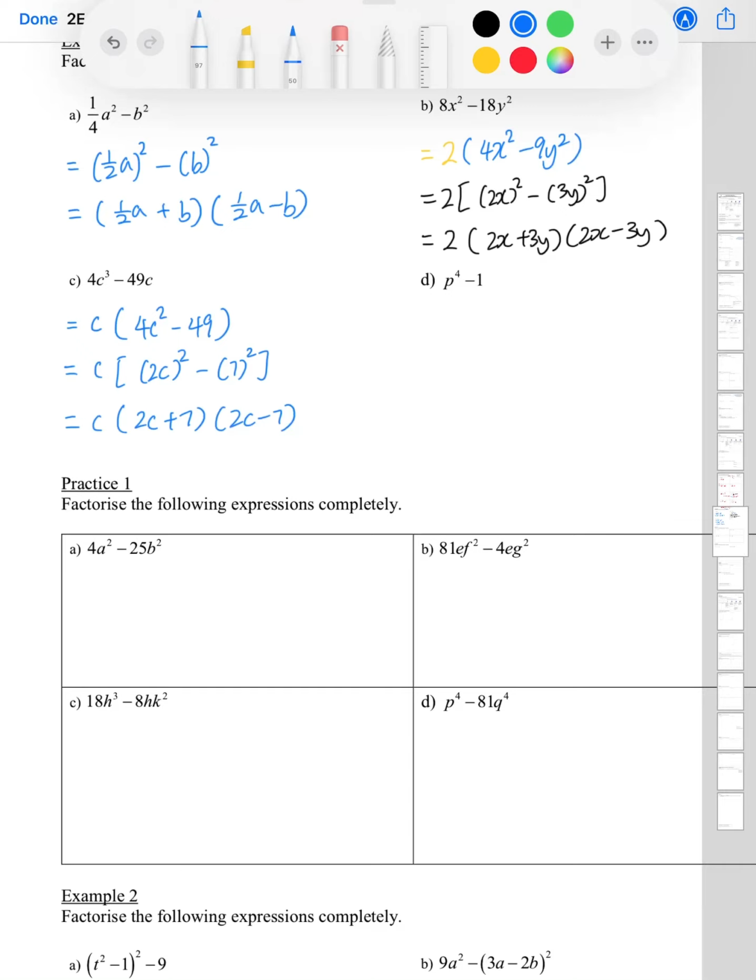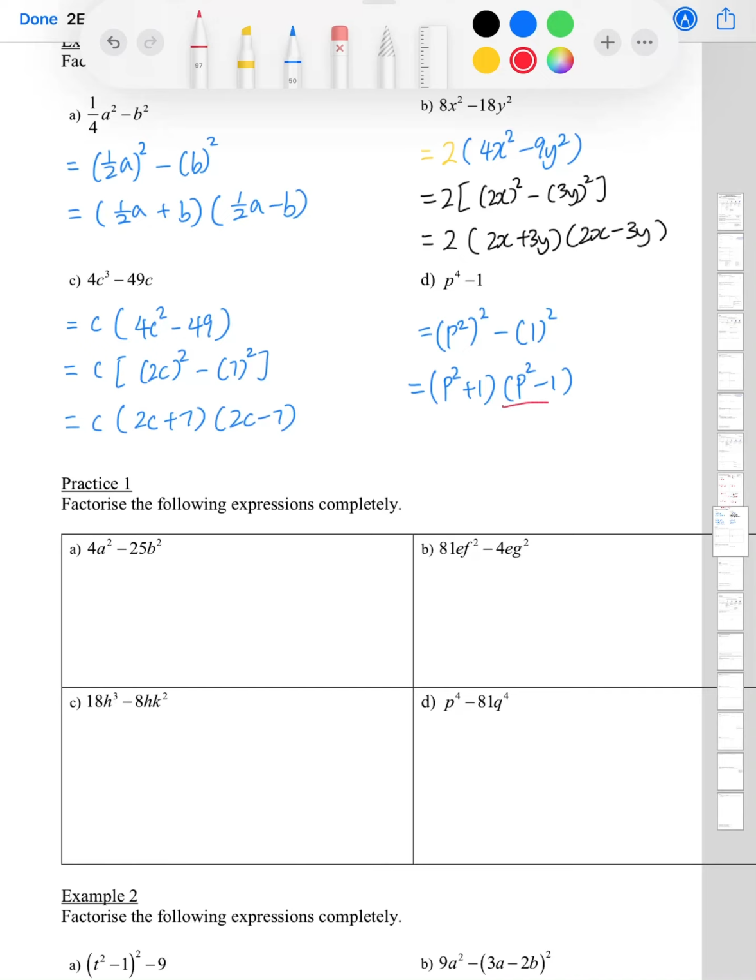And the last example here, we have (p squared) whole thing squared minus 1 squared. So therefore, I have (p squared plus 1)(p squared minus 1). Okay, if you think that this is the end of the factorization, then you will only get half the marks.